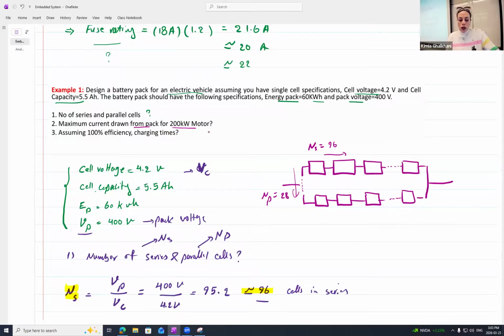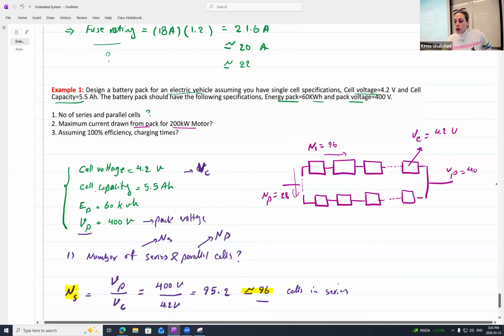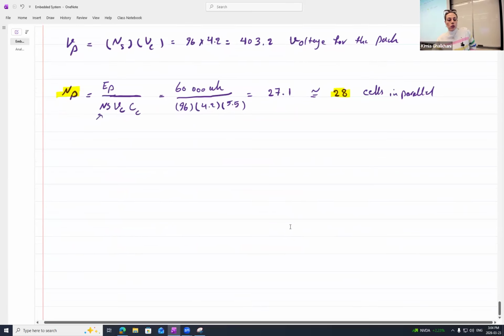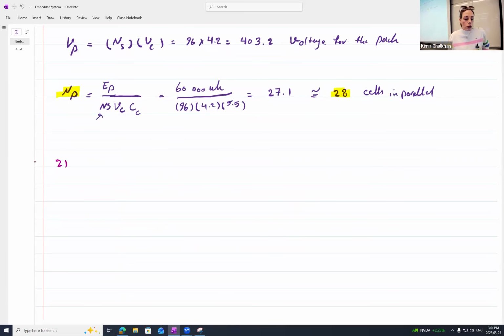I had voltage per cell of 4.2 volts, which was given. Actually, VP was given as 400. So now I have to calculate the maximum current for a 200 kilowatt motor. So part 2.